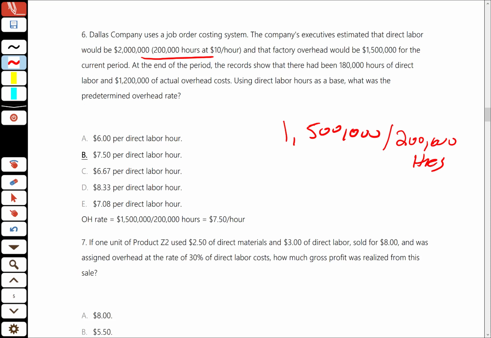Same thing every time, right? So what's the rate? 750? Okay, good. Can you give me the amount that should be applied then from this question?